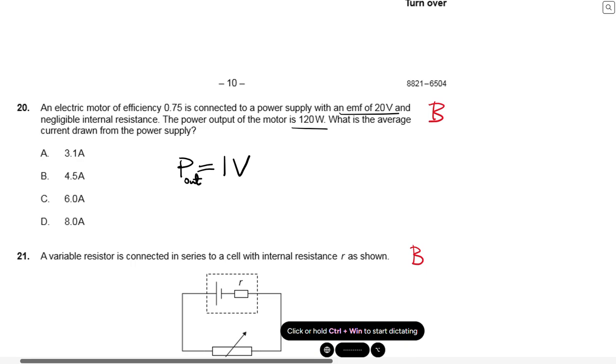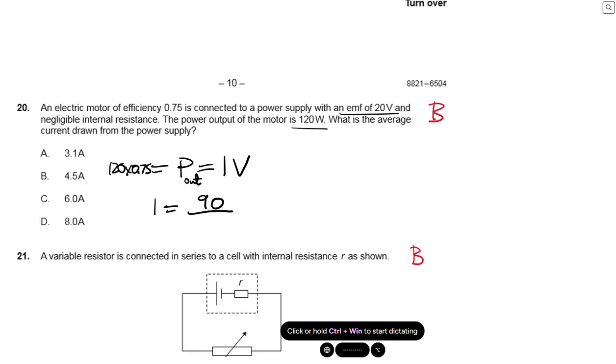Power out is 120 times 0.75. 120 times 0.75 is 90. Sorry.